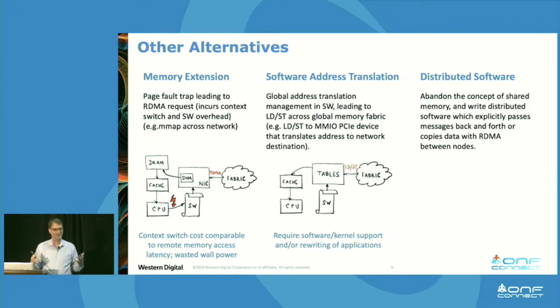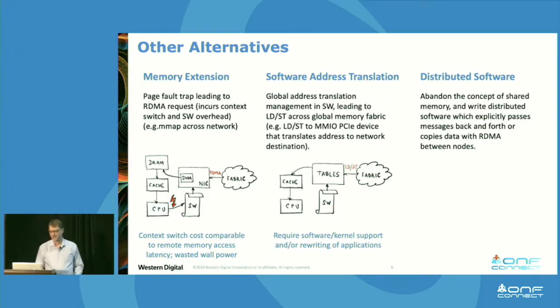And there are not too many people who write these distributed programs because they're difficult to write. And so you get back to this idea that you'd really like to have a system with cache coherency because it makes your job much easier as a programmer. There are various methods that you can deal with this from a software perspective if you don't have cache coherency. I'm not going to spend time on that.